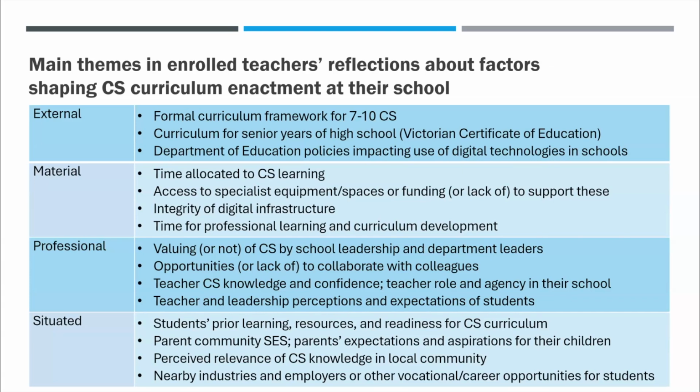The parent community, socioeconomic status was seen as something that had a shaping influence in terms of the way curriculum was seen and enacted. And also in terms of relevance and whether teachers and schools valued and saw computer science as relevant, nearby industries influenced those perceptions and where they anticipated or expected the children in the school would go to look for careers and vocations and employment.